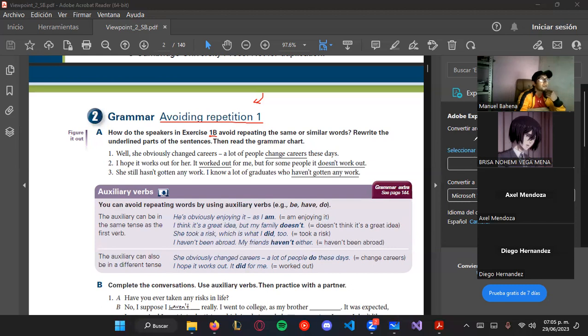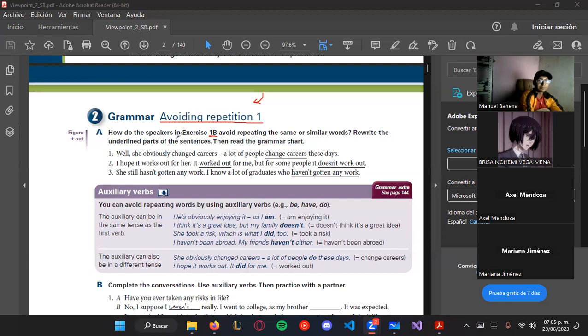For example, let me see. Mariana, are you here? Can you hear me? Yes. Okay, what does this mean? How do the speakers in exercise 1B avoid repeating the same or similar words? Please translate it.